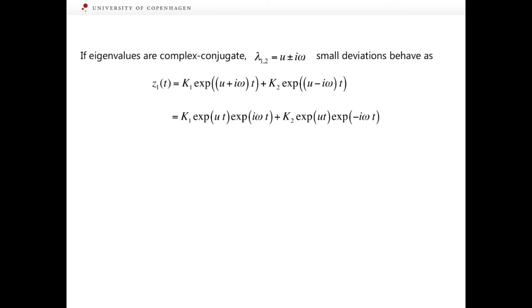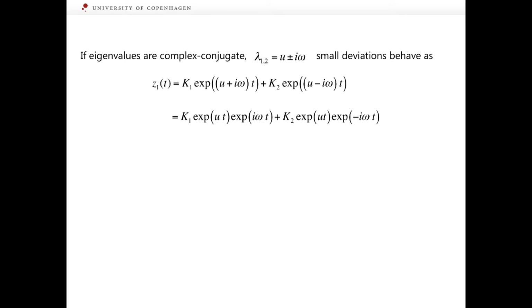This exponent can be represented as a product of an exponent to ut, which is a real function of time, and an exponent of iwt, which is a complex function of time. Equivalently, the second exponent is the product of an exponent of ut and an exponent to minus iwt.